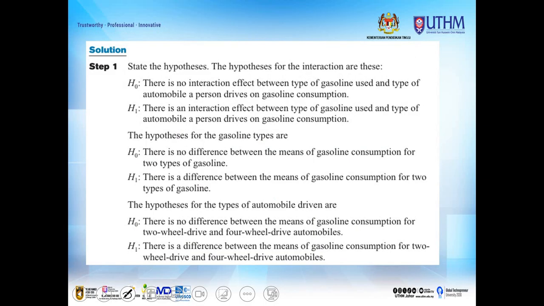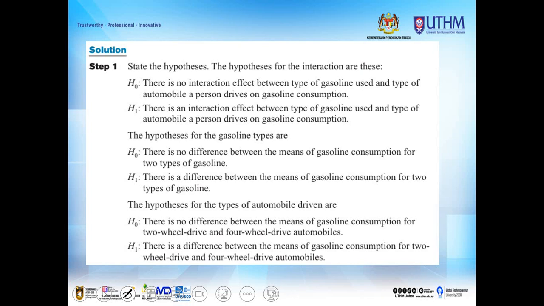Let's come to the hypotheses. Your first step, definitely, you have to come up with your hypotheses. The first hypothesis will be your null hypothesis. H0: there is no interaction effect between the type of gasoline used and the type of automobile a person drives on gasoline consumption.